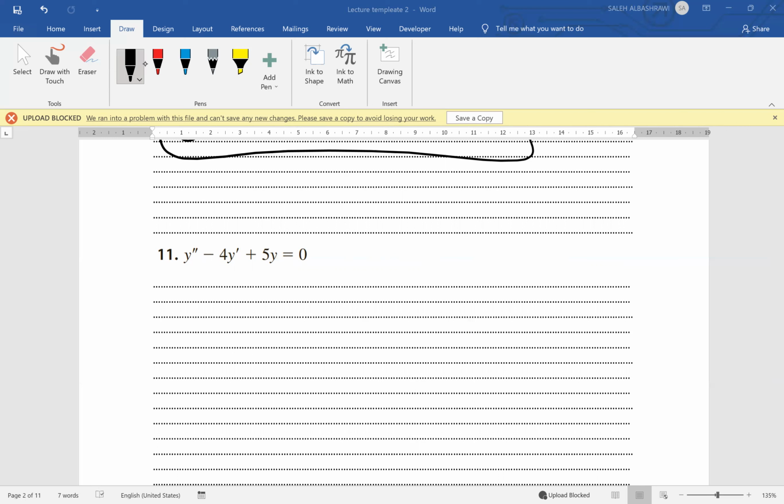The auxiliary equation is m squared minus 4m plus 5 equal to 0.